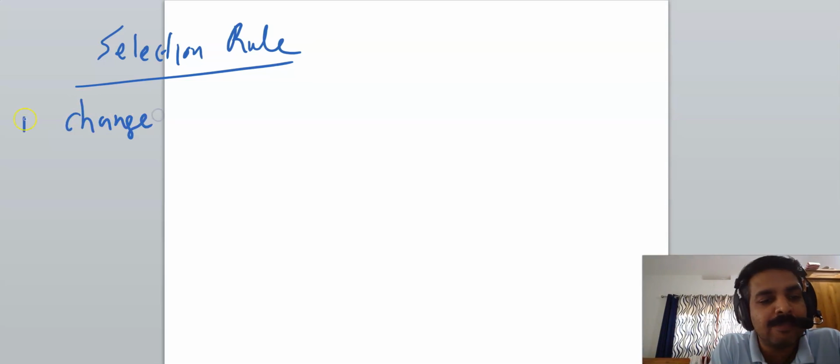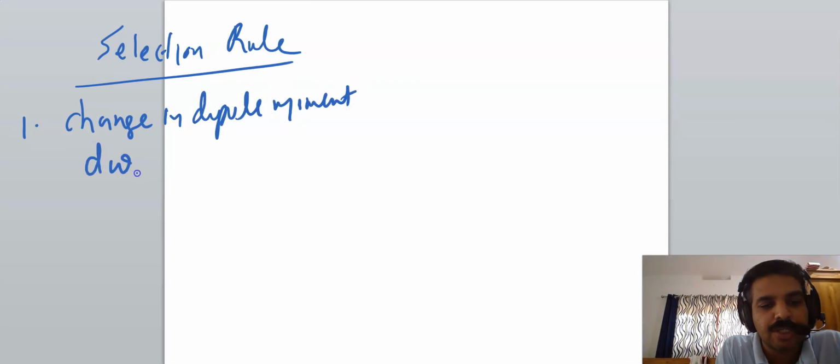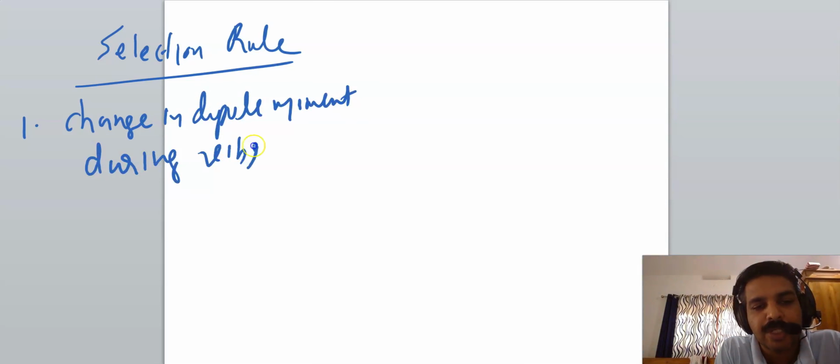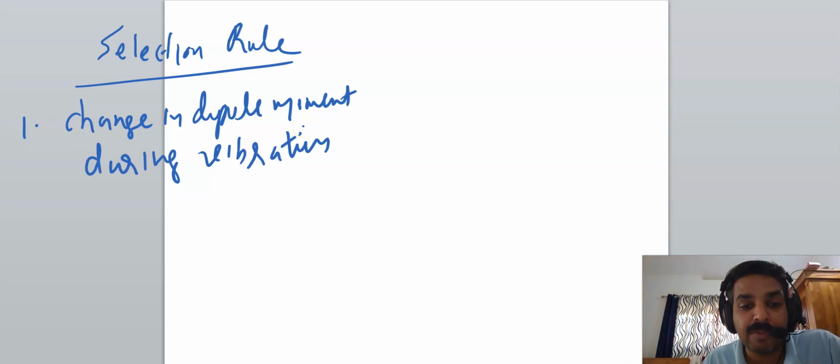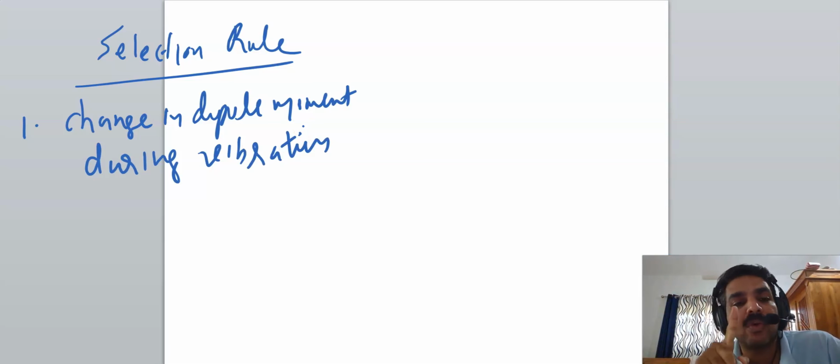This is the first important selection rule. That means the molecule need not have a permanent dipole moment. Unlike rotation spectroscopy, where the molecule should have a permanent dipole moment, in this case a permanent dipole moment is not necessary, but there should be a change in dipole moment during vibration.